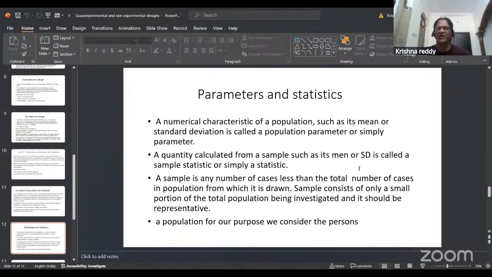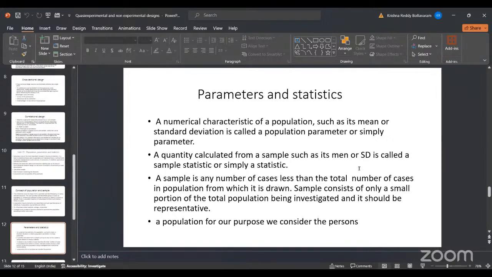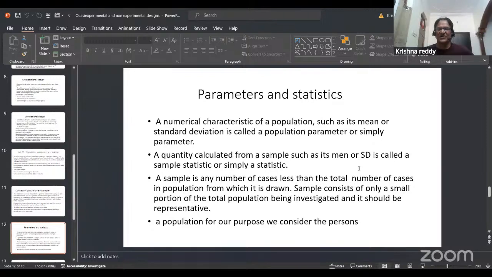But if we calculate the mean or standard deviation of a population, we call it a parameter. That is the difference between statistic and parameter. Is it clear? Yes, sir. Parameter is related to population. Statistic is related to sample.